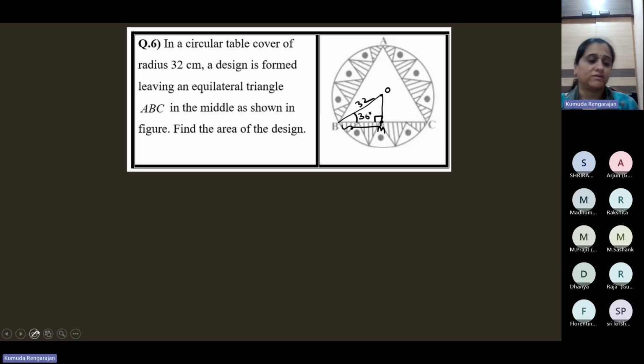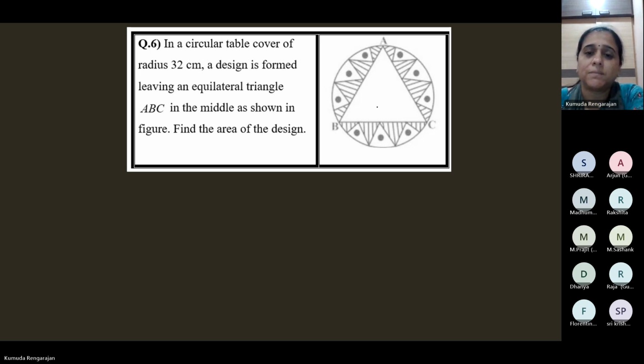This is one way of finding. You can also find the length of the side of the triangle using the property of chords. Equal chords subtend equal angles at the center. AB, BC, and AC are the sides of the triangle, but they are also three equal chords in the circle.